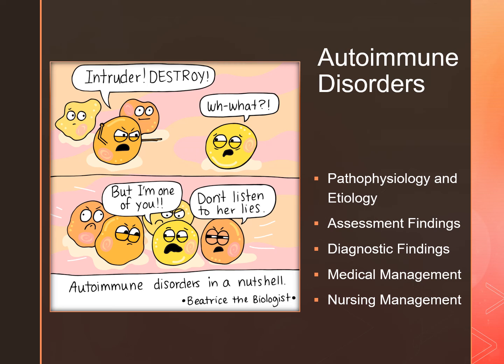In other words, with autoimmune, the client's normal defenses are attacking itself. It is destroying its own tissues because it recognizes them as being non-self.